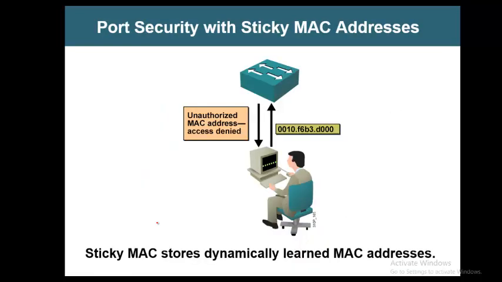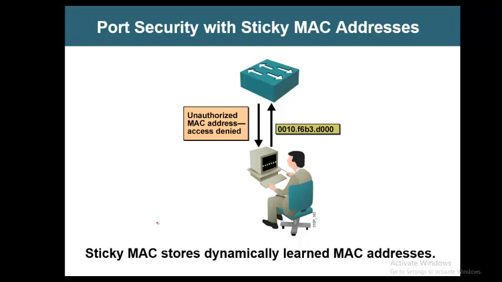Now, if you're manually adding the MAC address, there are 2 ways in which you can add the MAC addresses. You can tell port security that these are the MAC addresses you are supposed to allow. One, if you know the MAC address, you type those MAC addresses. The other one, in a secured environment, you can enable a keyword called sticky. So in a secured environment, when the conversation happens, the MAC address will come and get stuck permanently to the NVRAM.